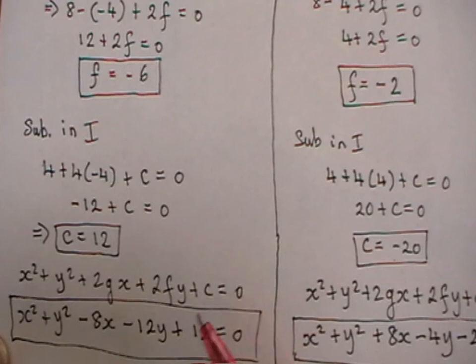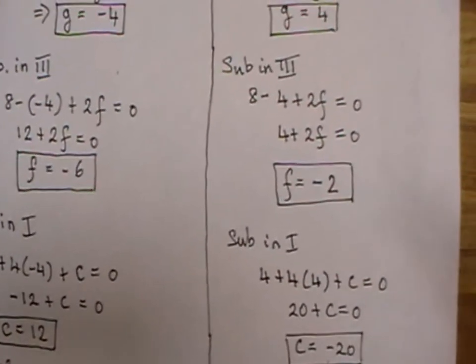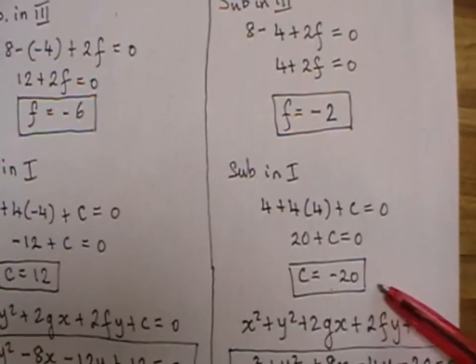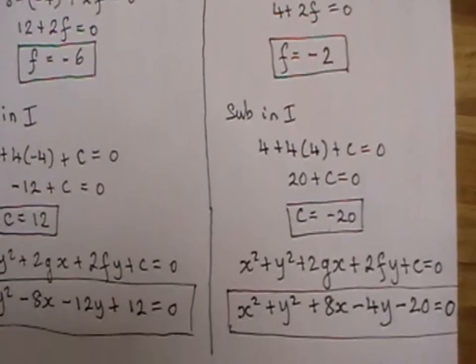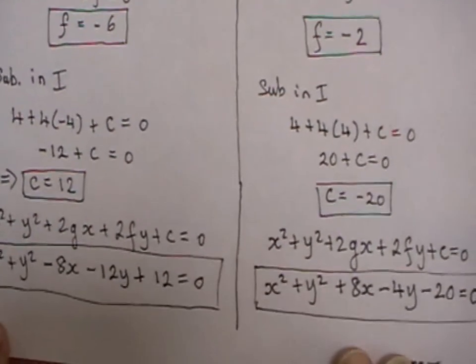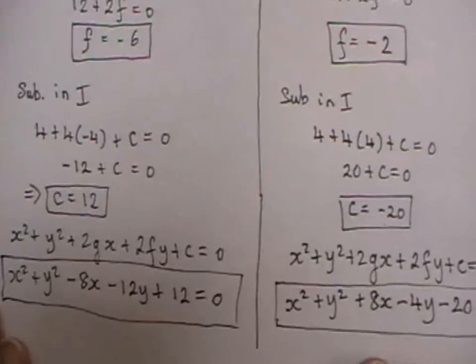Put them into the general equation. We get x squared plus y squared minus 8x minus 12y plus 12 equals 0. And this set over here, g equal to 4, f equal to minus 2, c equal to minus 20, gives us this circle, x squared plus y squared plus 2gx, 2 4s, 8, 2fy, that's 2 minus 2 is minus 4, plus c, which is minus 20, and we have two equations for the circle, there and there.